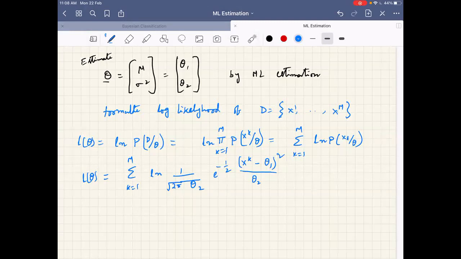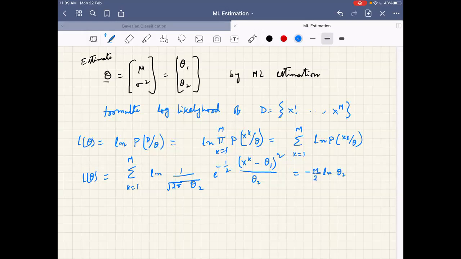So after this, what is the next step? I can expand this. If I expand this, minus m times ln of theta 2 to the power half, so minus m by 2 into ln of theta 2.